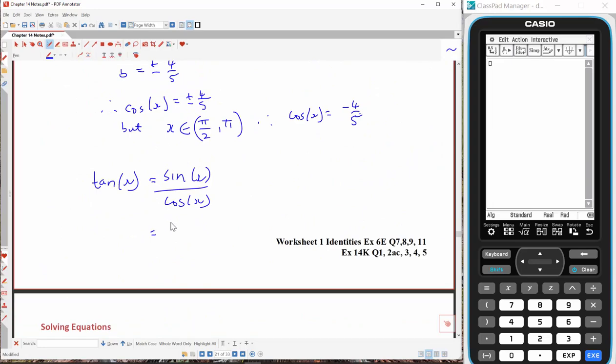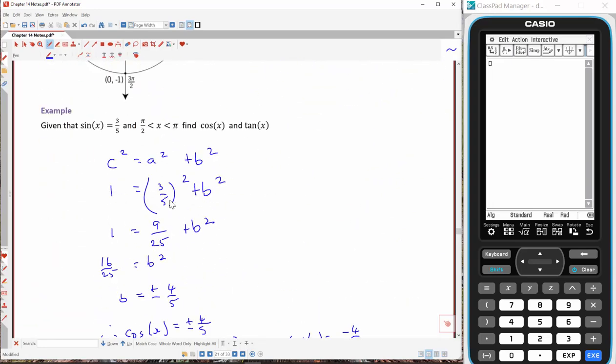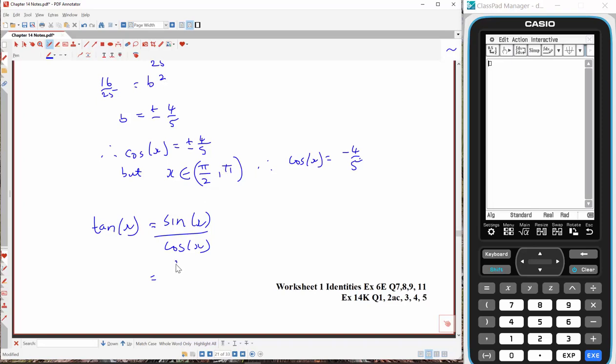So we've worked out sine x, or it was given to us. That one was 3 on 5. And we just worked out the cosine, negative 4 on 5, which is equal to 3 on 5 divided by negative 4 on 5, which is equal to 3 on 5 times negative 5 on 4. They cancel out, leaving us with negative 3 on 4.